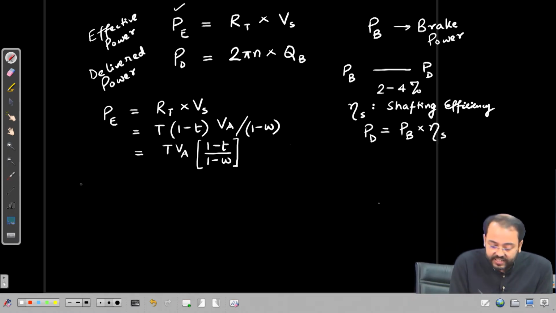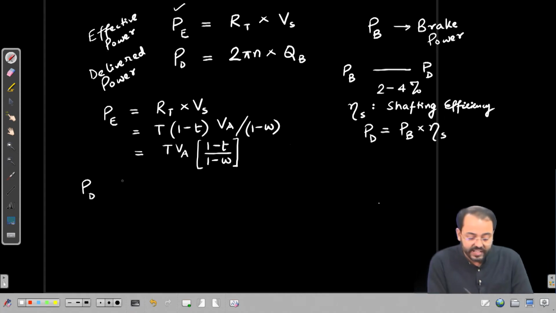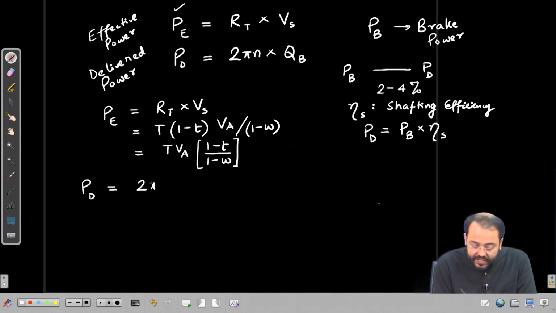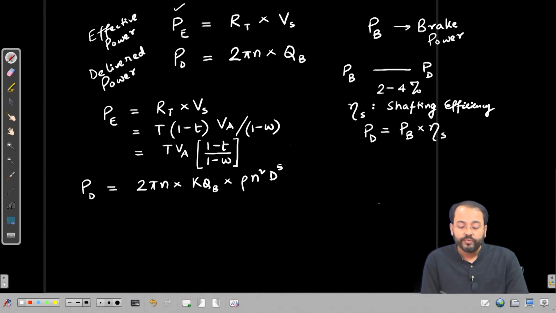On the other hand, if we look at delivered power, PD will be 2 pi n into Q, which is Kq behind into rho n square D to the power 5. Now, what is Kq behind?